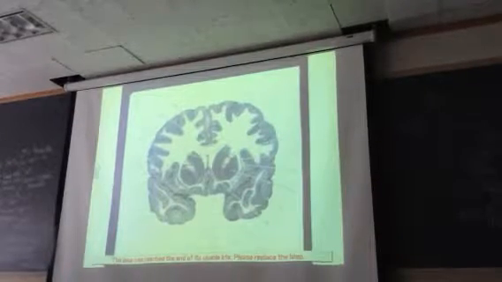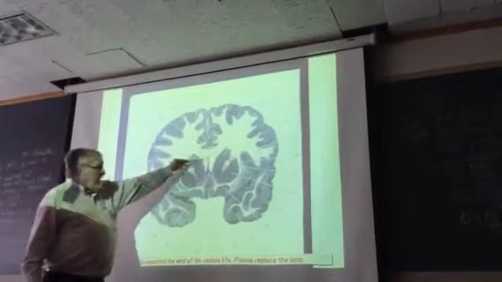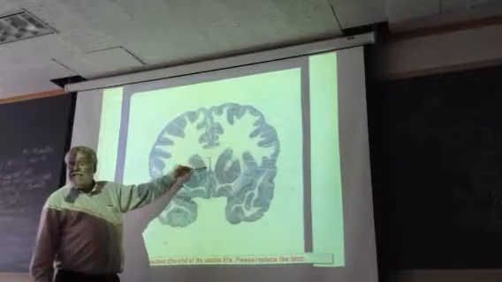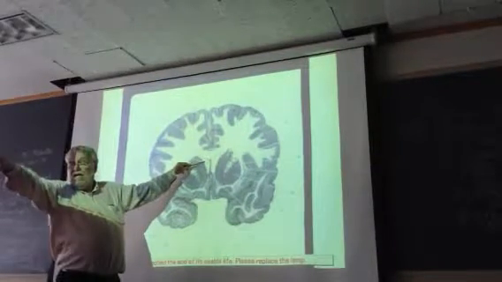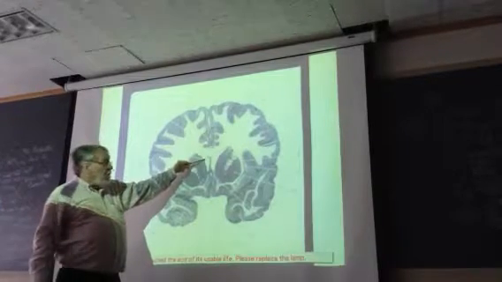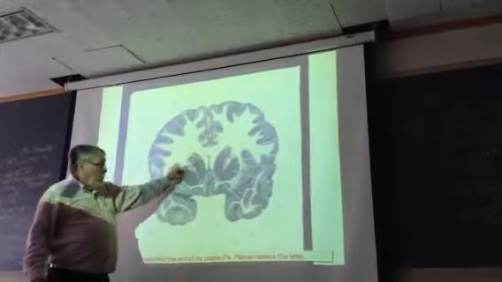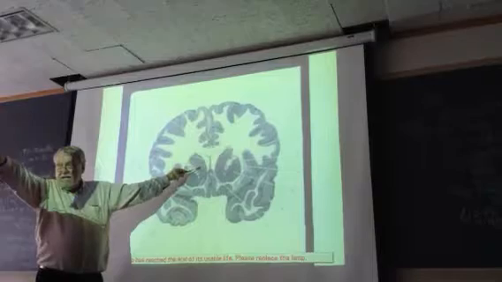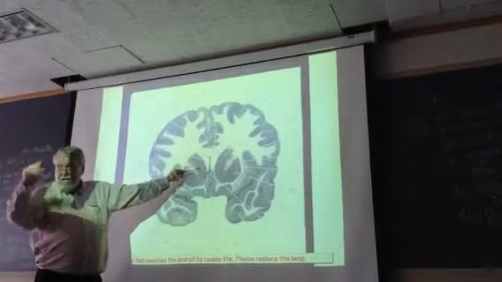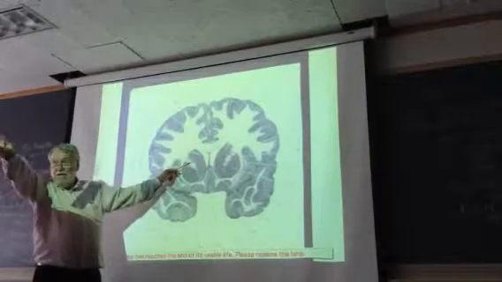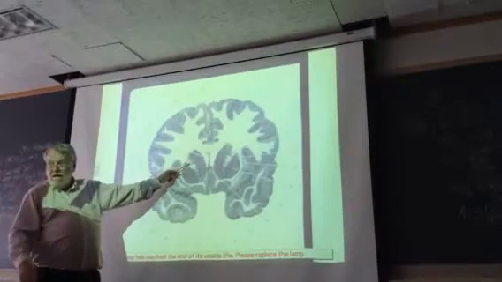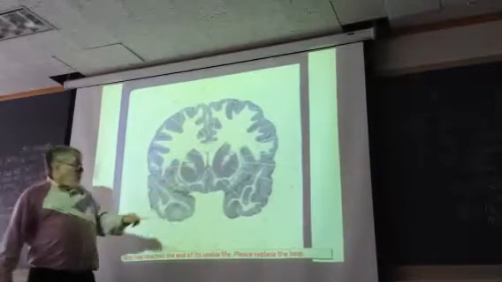Okay. All right, we're back here. So again, what is this? Anterior horn of the lateral ventricle. What's this? The head of the caudate. What's this? Internal capsule.